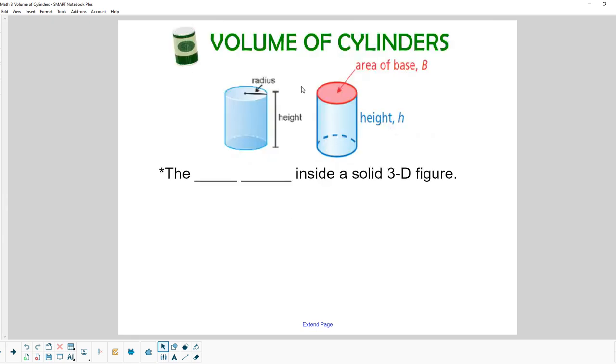So to do that, the volume of a cylinder is the total space, three-dimensional space inside a solid 3D figure. And we know that the area of the base is the area of the end, so in this case the area of this circle, and we know that the radius is the distance from the center of the cylinder to the outside edge, and then the height is how long the cylinder is.